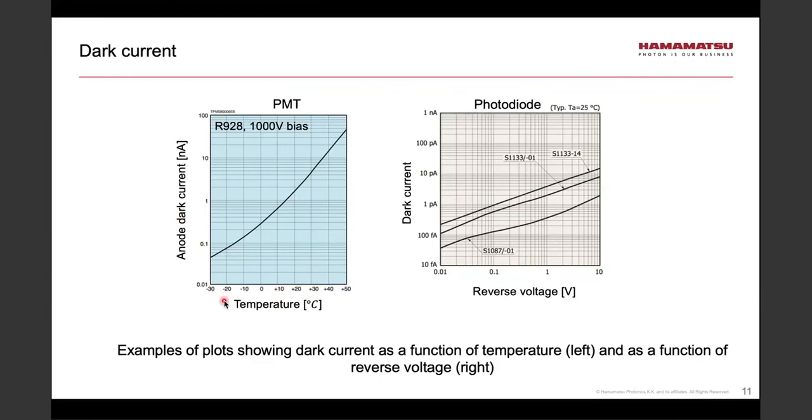What's done here is that we keep, for example, the biasing voltage constant, but we raise the temperature of the device, and one can see that dark current is going to increase quite rapidly on this log plot. On the right-hand side, we see a plot of dark current as a function of reverse voltage for a photodiode. Again, here we see an increase of dark current as the reverse voltage is increased.